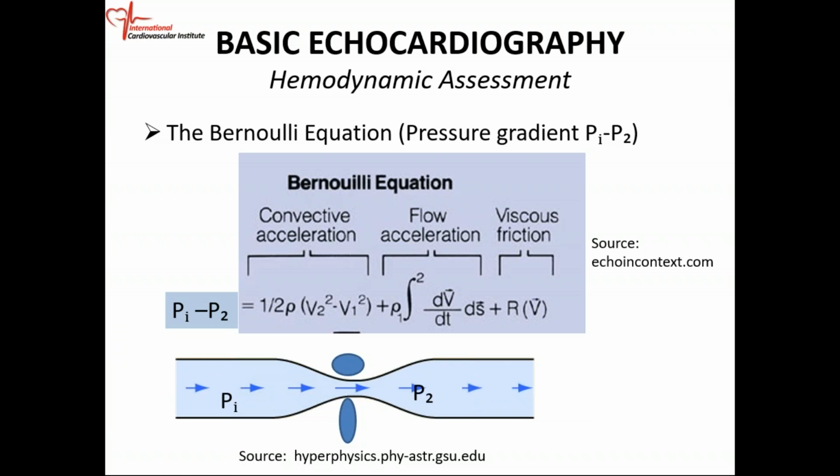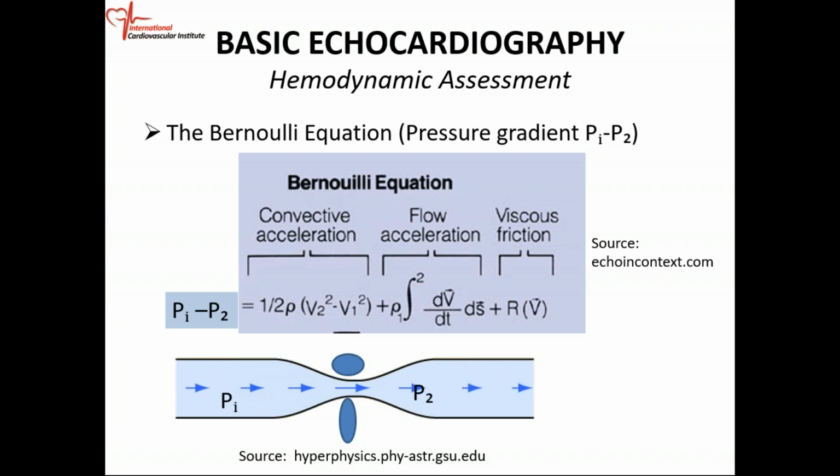You don't have to memorize all the equation. You just have to know the different components. Okay, you know that there is a convective acceleration, flow acceleration, and viscous friction. So again, the gradient or the pressure difference is dependent on the viscosity of the fluid.